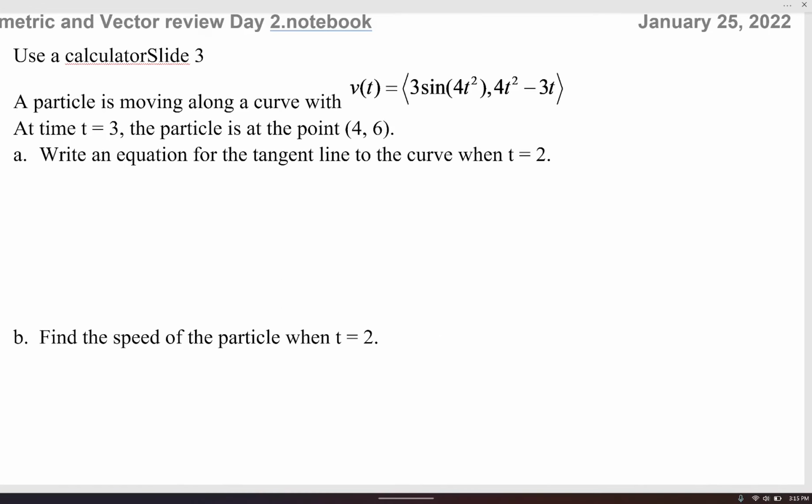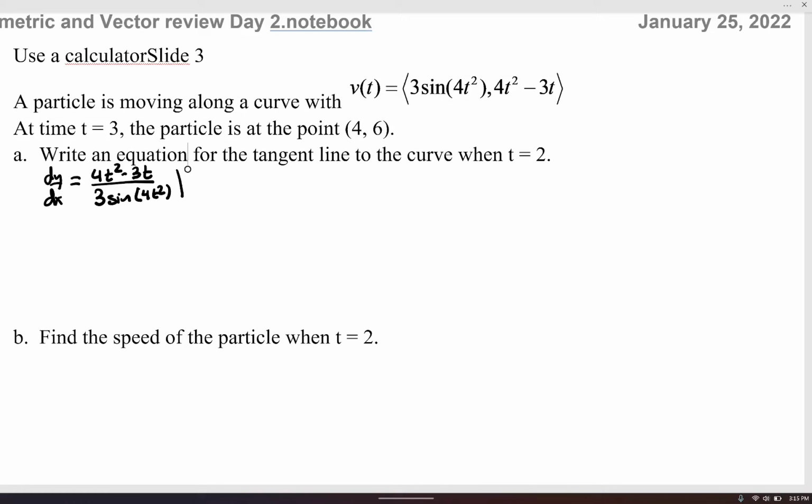A particle is moving along a curve with v of t as those. At time t equals 3, the particle is at the point (4, 6). Write an equation for the tangent line to the curve when t is equal to 2. So we need a slope. dy/dx is equal to 4t squared minus 3t over 3 sine of 4t squared.